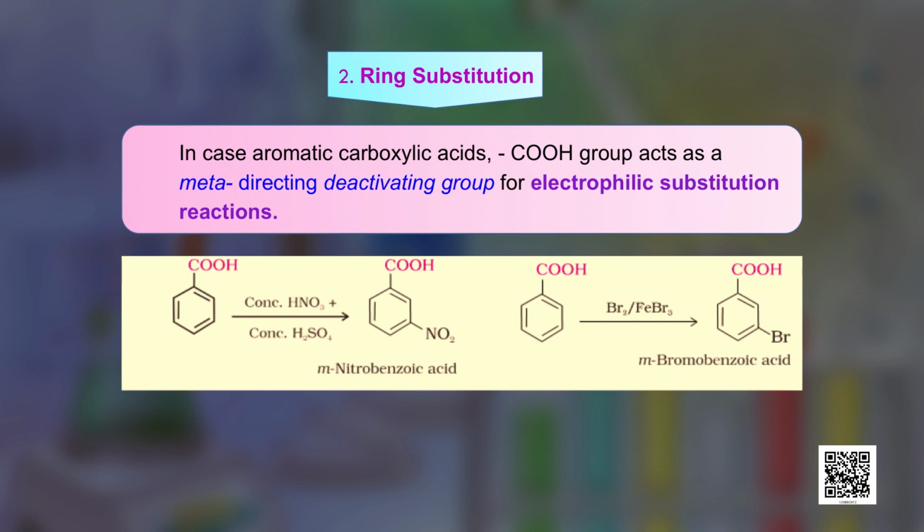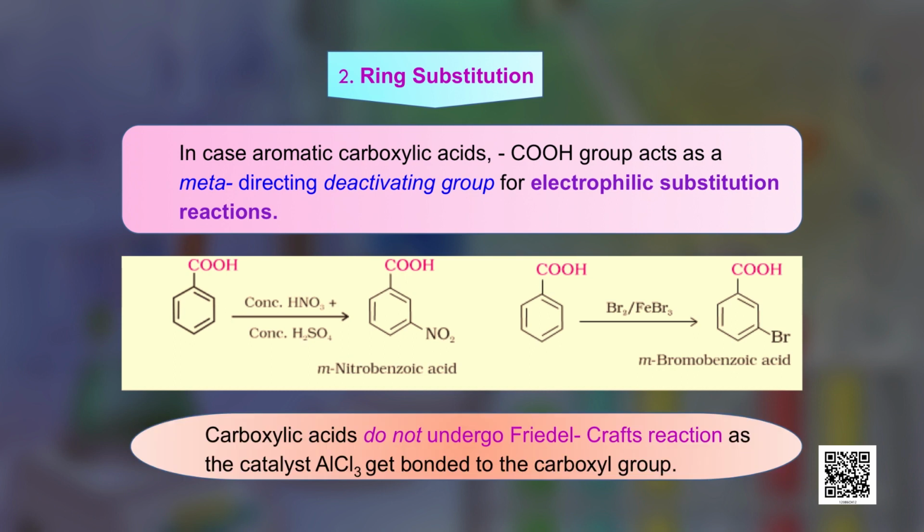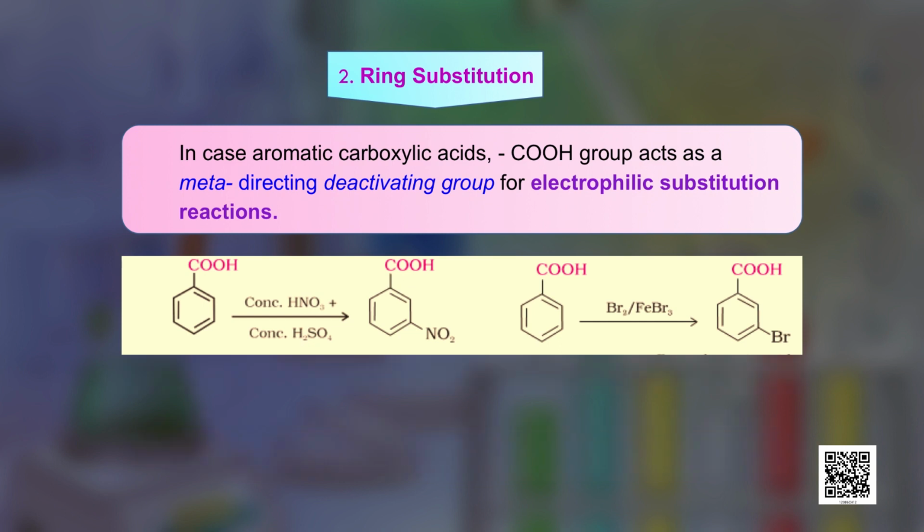You can see two reactions here, nitration and bromination, and we get meta-bromo or meta-nitro products when we start with benzoic acid. But carboxylic acids do not undergo Friedel-Crafts reaction, as the catalyst aluminium chloride gets bonded to the carboxyl group.